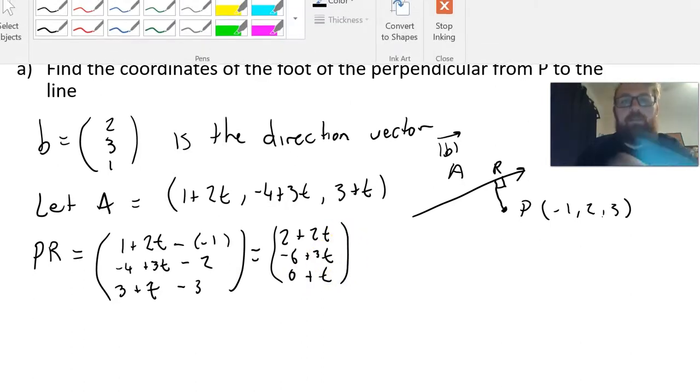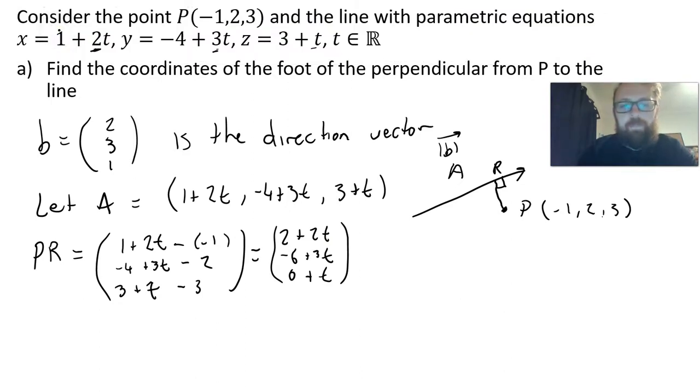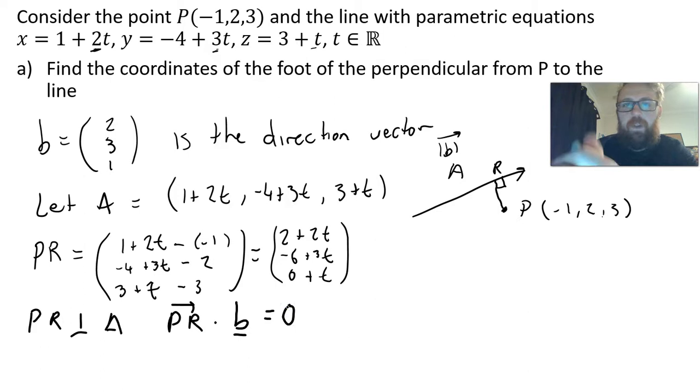So if these are perpendicular, our PR is perpendicular to our line A, and hence if we did the dot product of PR with our direction vector B, we're going to get 0.